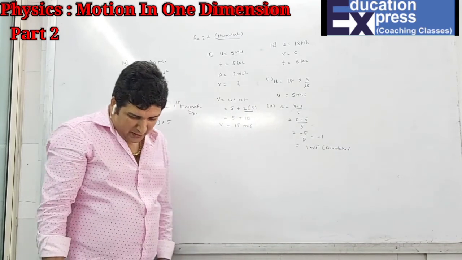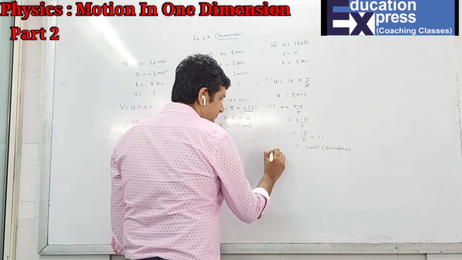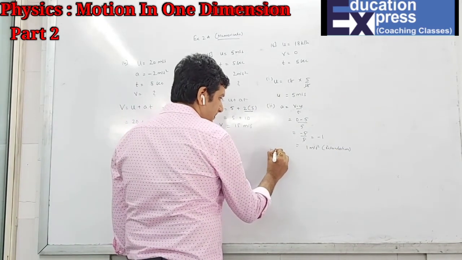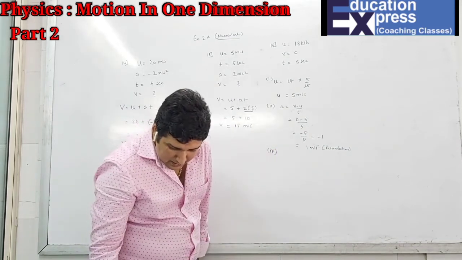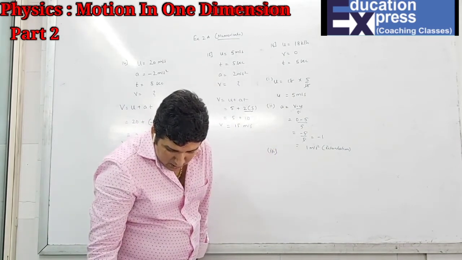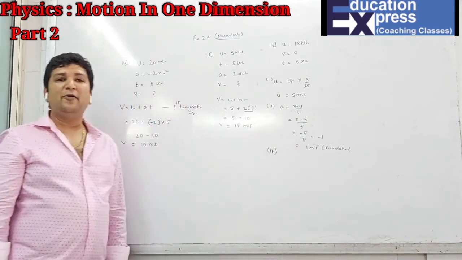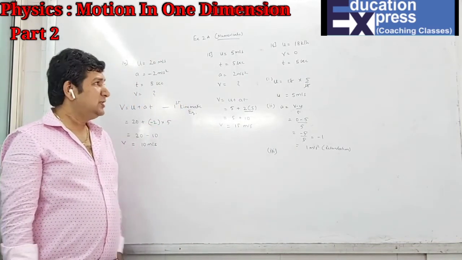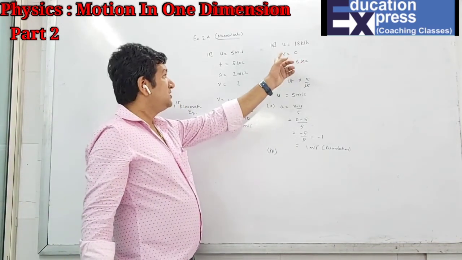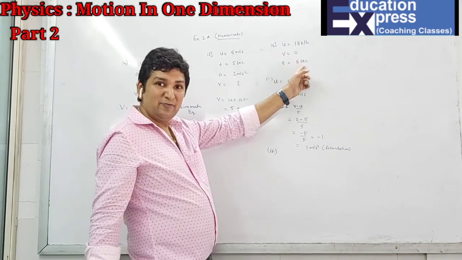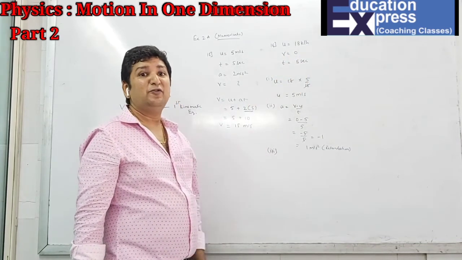Third part. The speed of the car after 2 seconds. What is the after? Final velocity. So this is the final velocity already given. Yes. This is the final velocity after how much seconds? 5. Now there was final velocity after 2 seconds.